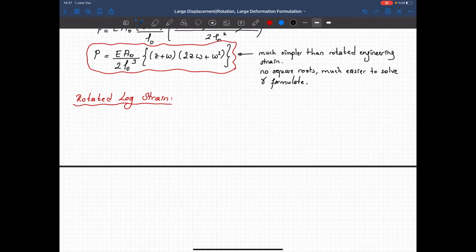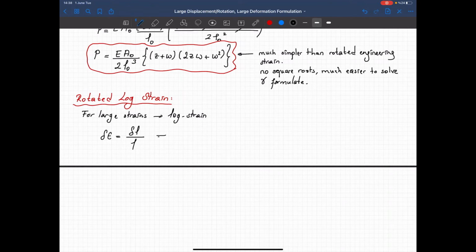So for large strains, we usually use log strain or true strain. So we are saying that the strain is equal to change in length divided by the length.